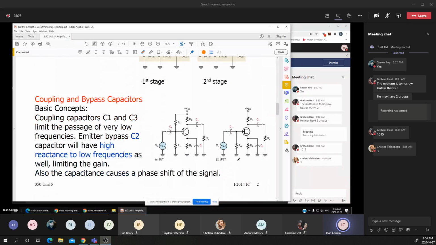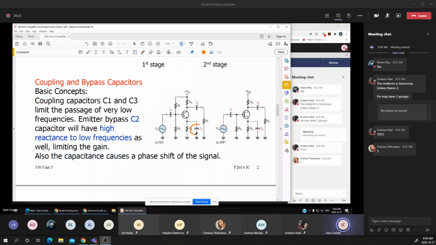Now, with the approach that we discussed, I already introduced the purpose of C1 and C3, but you notice that at the same time I'm having a capacitor across the RE resistors.